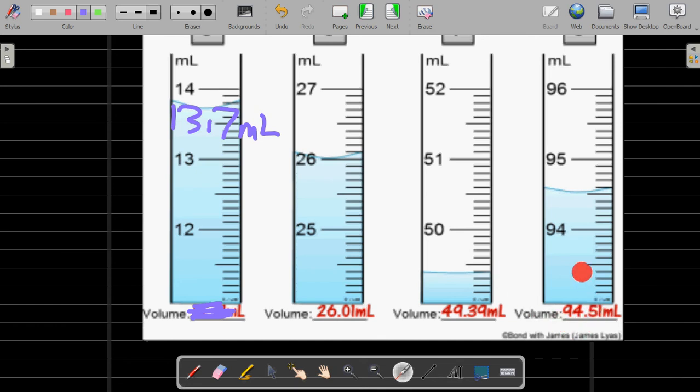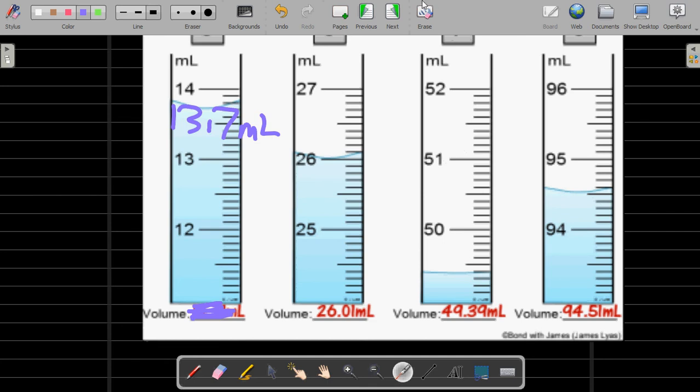So it's definitely past 0.3, which is right here, right? That's 0.3, and it's almost to the 0.4. So, all right, here again, it's 94 to 95. So you got 94.51 because it's just a little past the 0.5.